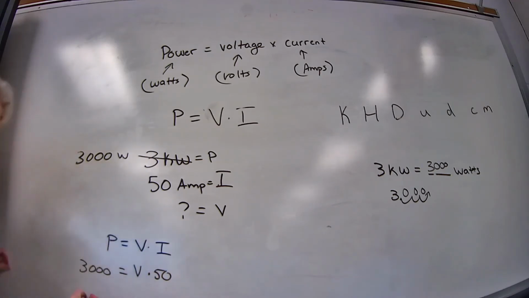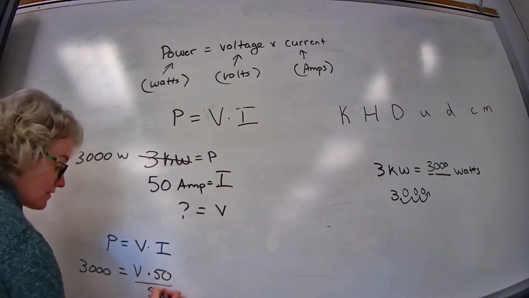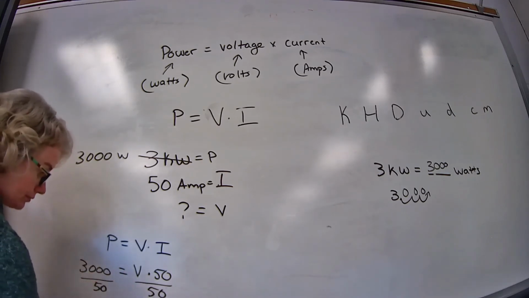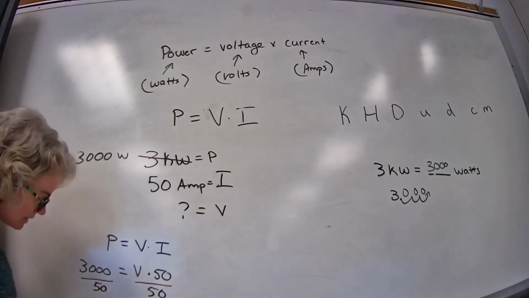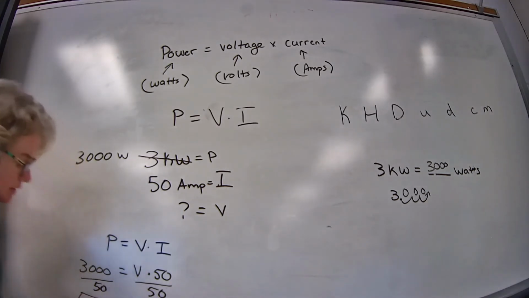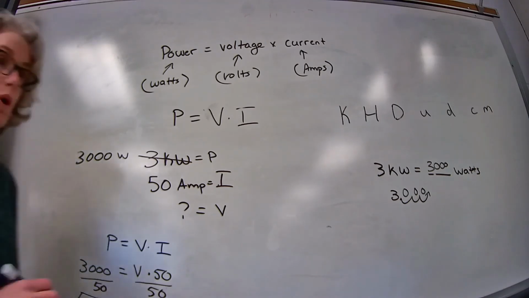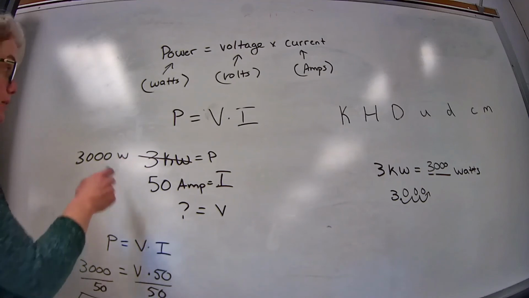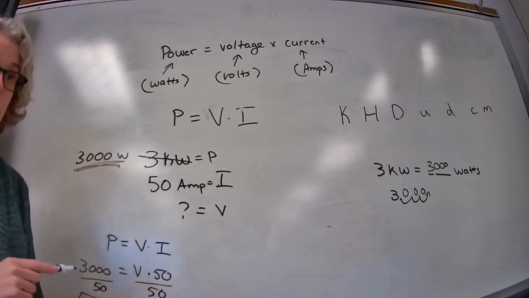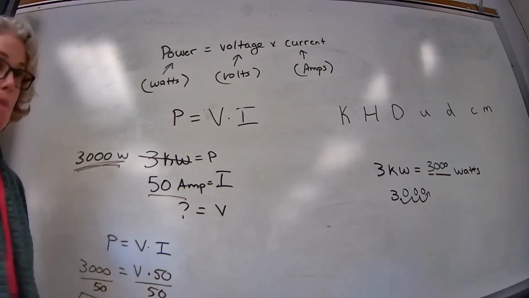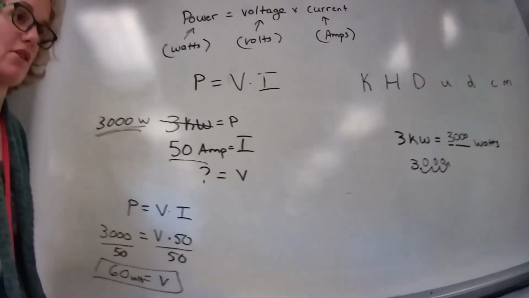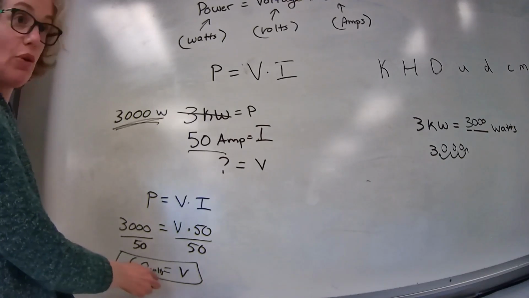I'm going to divide both sides by 50. 60 volts is how much voltage would have been necessary in order to create this much wattage, given that much current. Okay. So here's the answer, 60 volts.